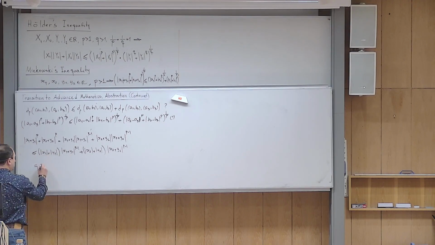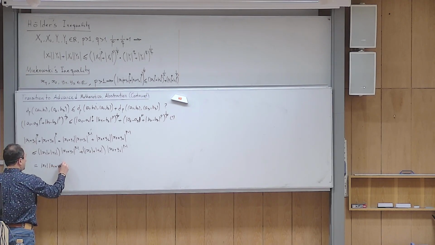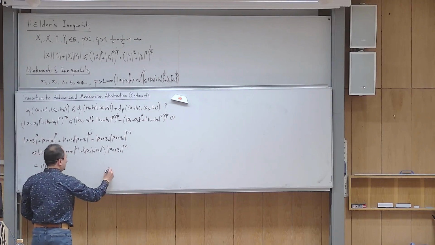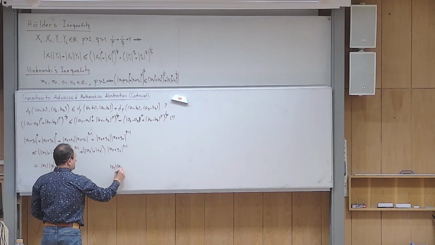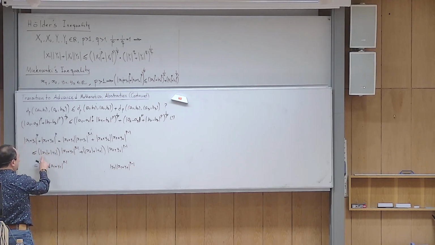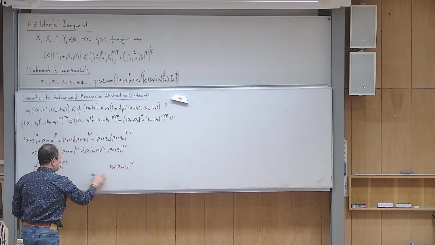I would write absolute value of x1 times absolute value of x1 plus y1 to the power of p minus 1. And then I have to multiply this, so let me write it a little bit further. So this becomes absolute value of y1 times absolute value of x1 plus y1 to the power of p minus 1. So I multiplied this here and wrote it a little bit far away.